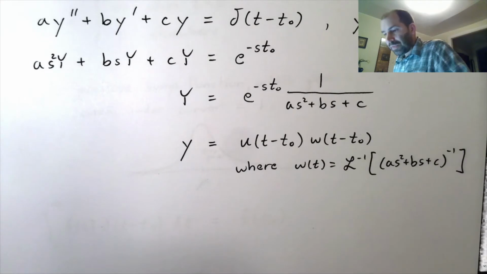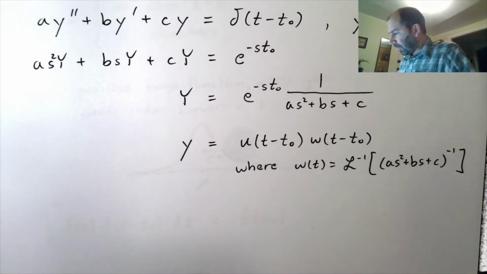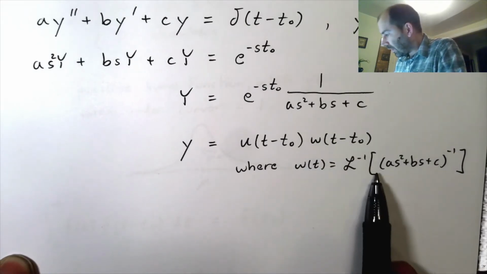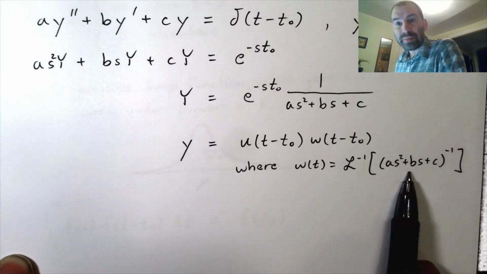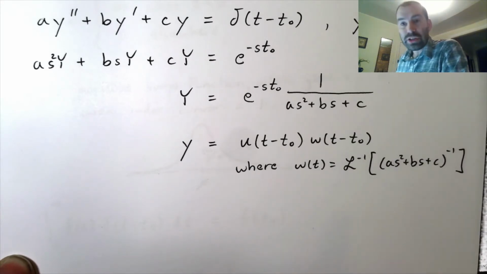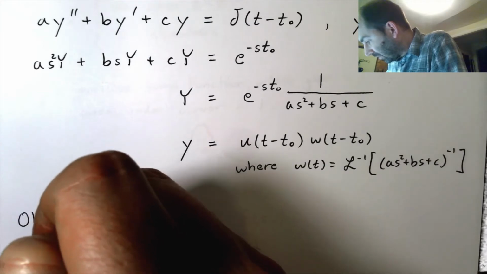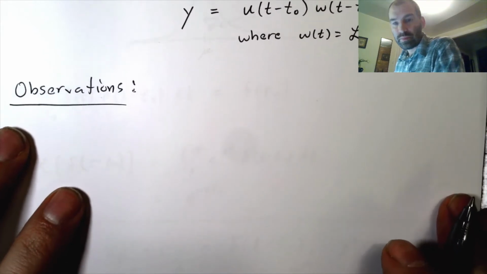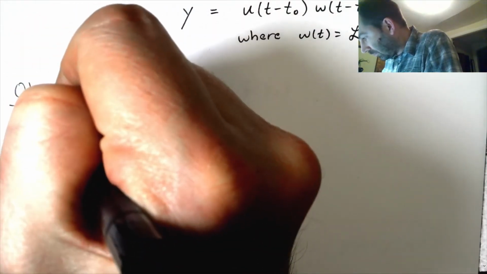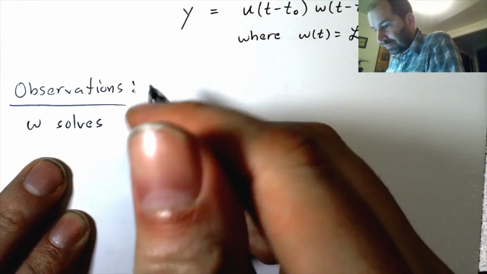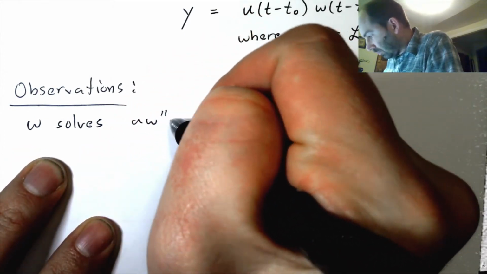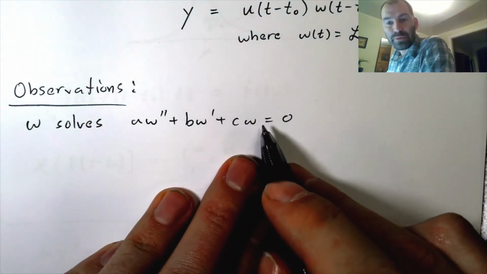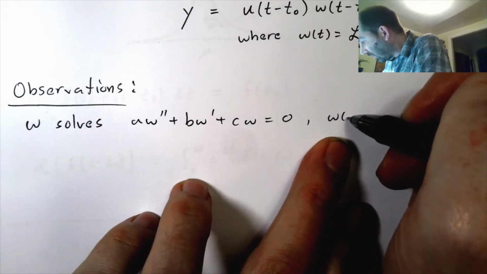Okay? Now, couple things to make note of. This omega here, this inverse Laplace transform of this function, happens to be the solution to the following differential equation. So here's some observations. It solves this differential equation with these initial conditions.